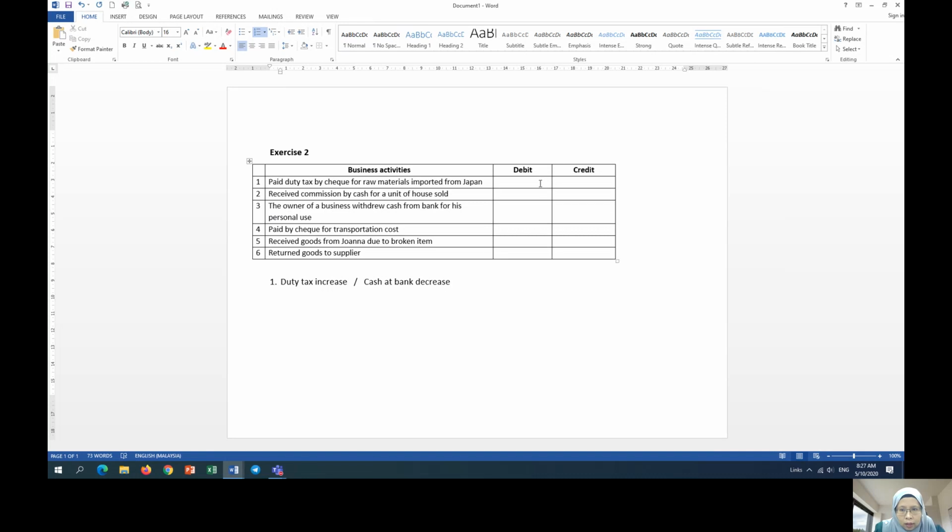So asset decrease, we should credit the cash at bank. And then we have expenses. Expenses increase, so we will debit the expenses with duty tax. So this is the WNT that we have made for the first business activity.